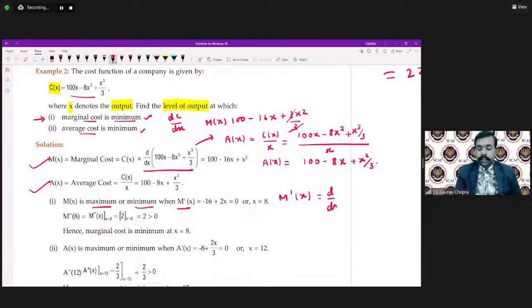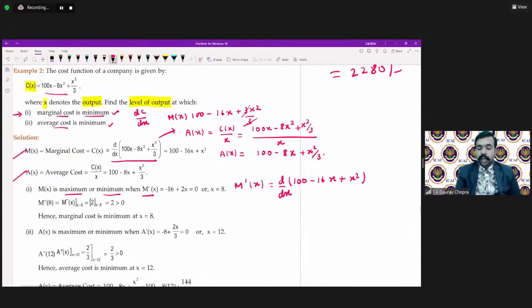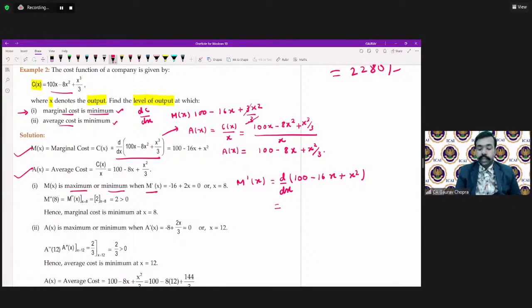So d by dx of 100 - 16x + x². We find the derivative of this part and see what we are getting: 0 - 16 + 2x.